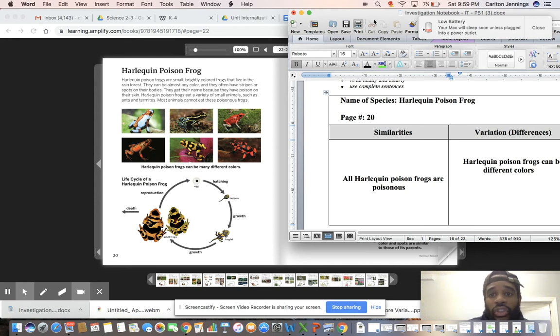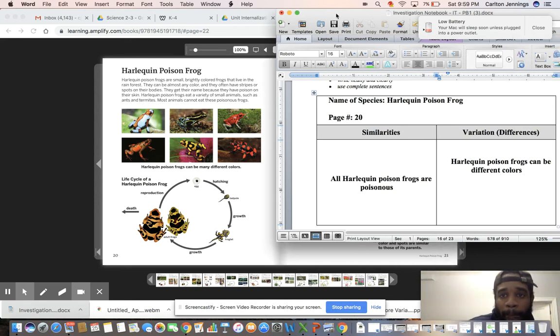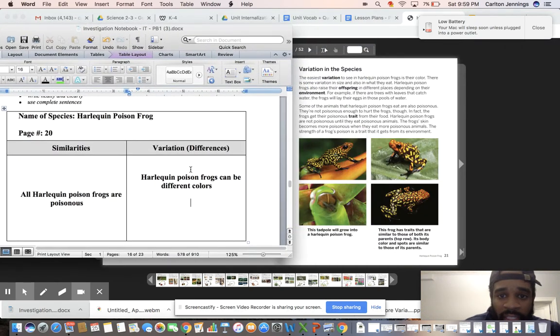Another one that I thought was super interesting is that they all aren't the same amount of poison. It says the frogs can become more poisonous when they eat more poisonous animals. They all do not have the same amount of poison.